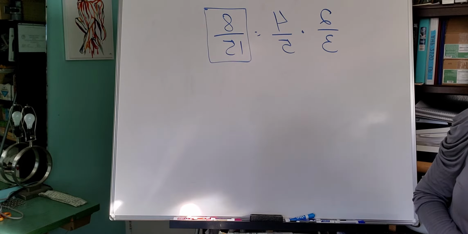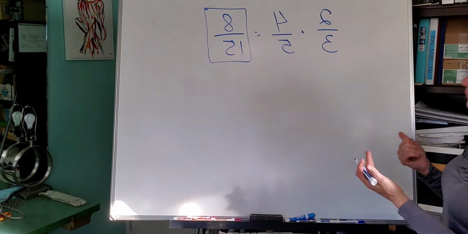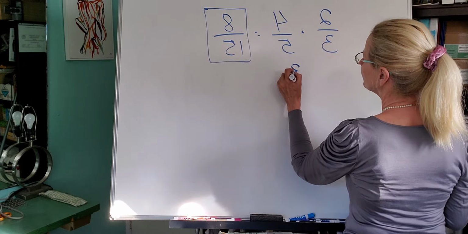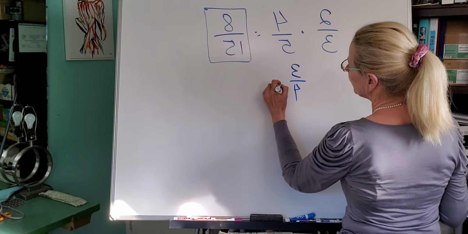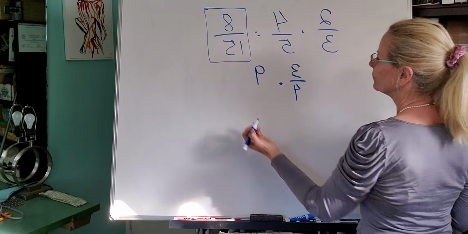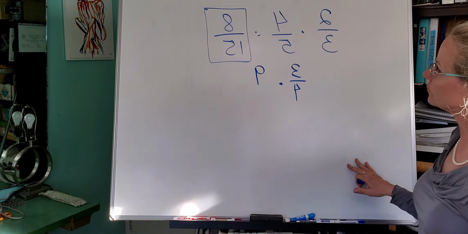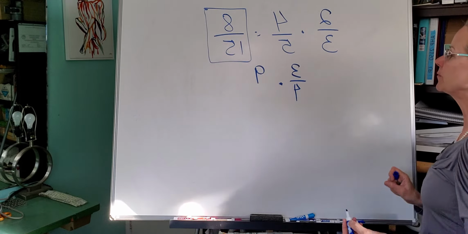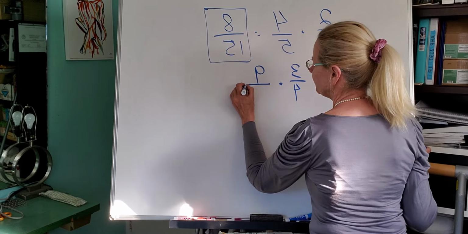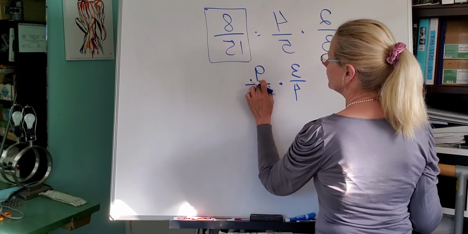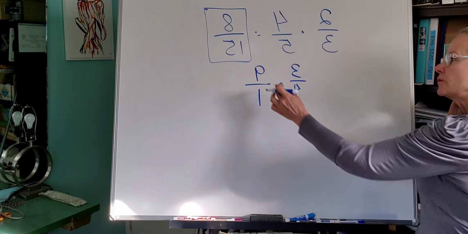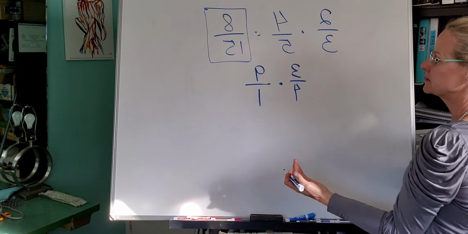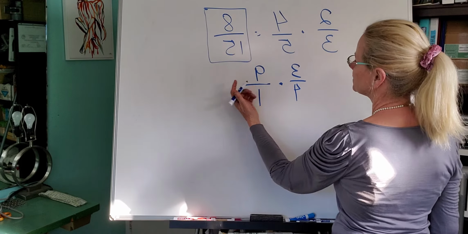Something that might come up, it could be stated as 3/4 times 9. 9 is a whole number. Any whole number can be stated as a fraction by putting that number over 1. So 9/1 is the exact same value as 9 by itself.